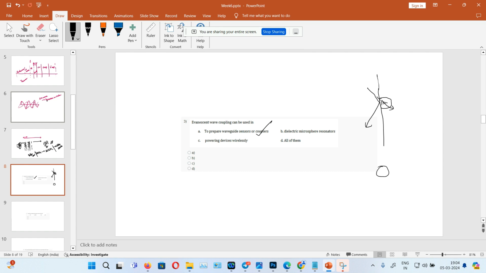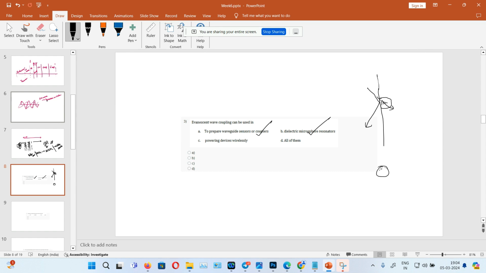When they interact with light, an evanescent wave is created inside, and it is confined very sharply such that it undergoes very high resonance, and the Q factor of the resonance is very high. So dielectric microsphere resonators also use evanescent waves.